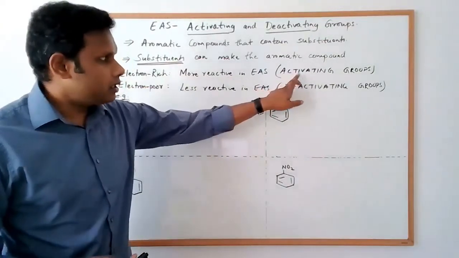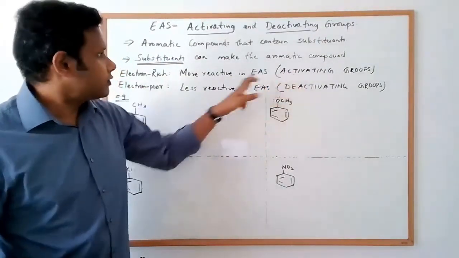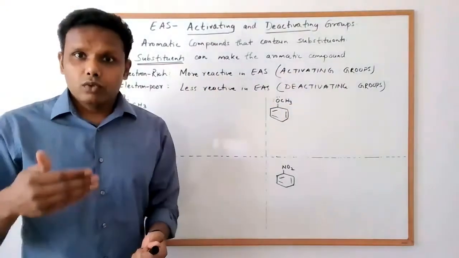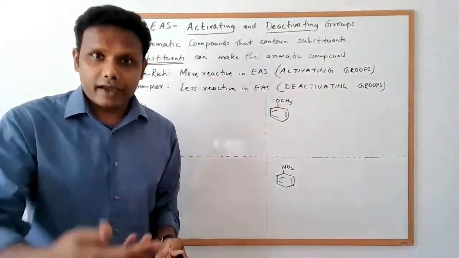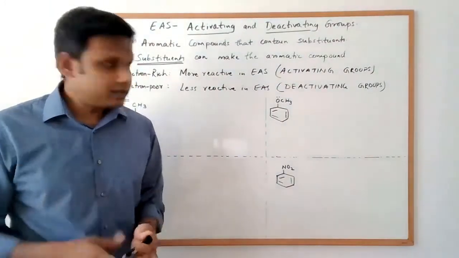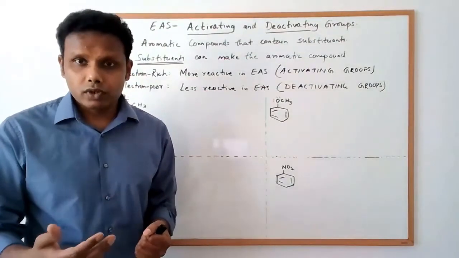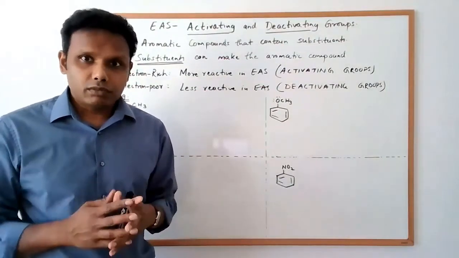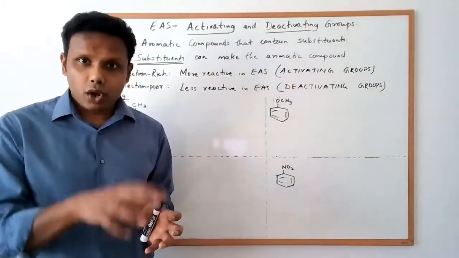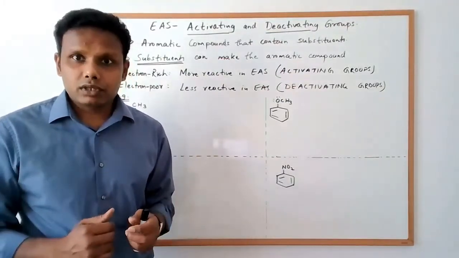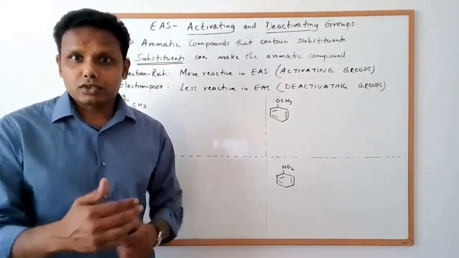And activating and deactivating refer to whether the compound is more reactive, which means it would undergo the reaction faster, or less reactive, which means it would undergo the reaction slower. So that's what we need to keep in mind here. Activation means a compound that's reacting faster, and deactivation means a compound that's reacting slower.